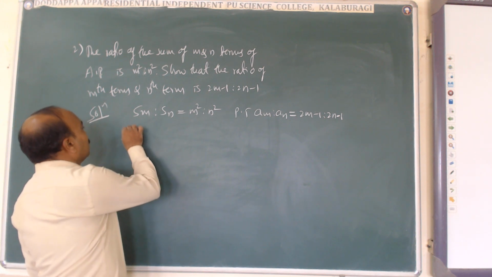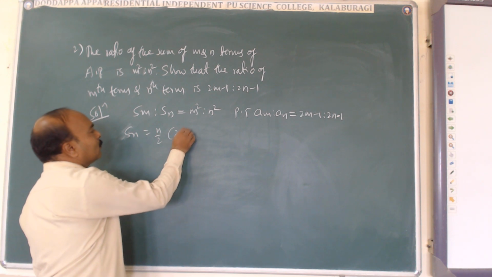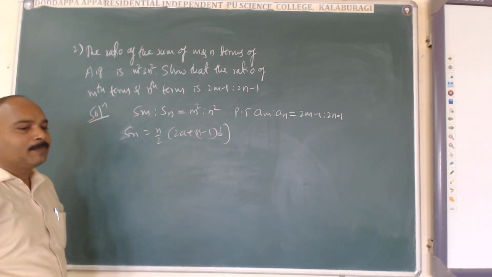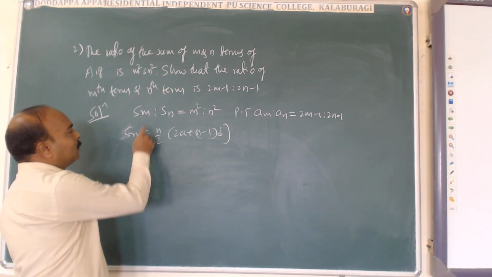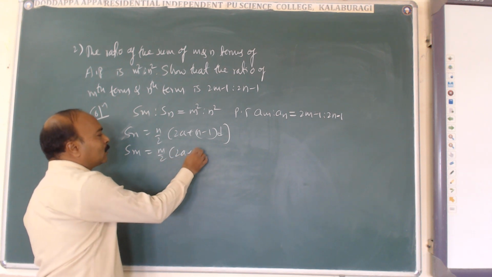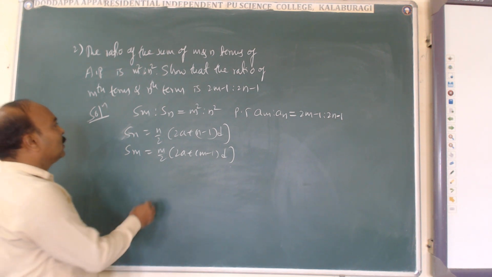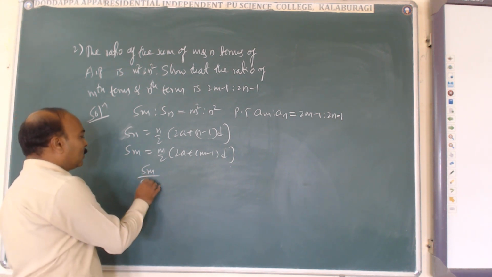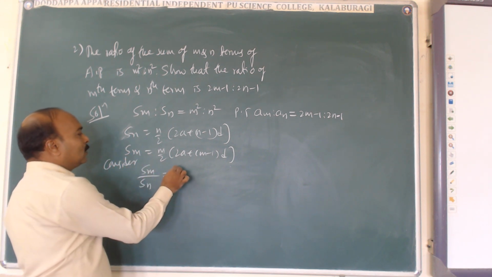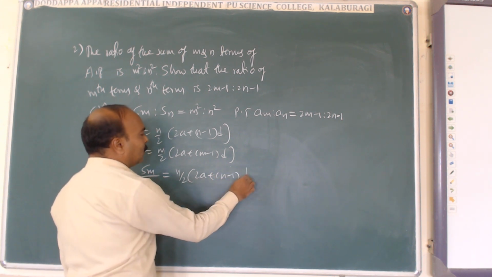Now for that we go for the Sn formula. It is n by 2 into 2a plus n minus 1 into d. It is the sum to n terms of an AP. If you replace n by m, you get Sm: Sm equal to m by 2 into 2a plus m minus 1 into d. Now you consider Sm by Sn for the ratio. You get m by 2 into 2a plus m minus 1 into d divided by n by 2 into 2a plus n minus 1 into d.